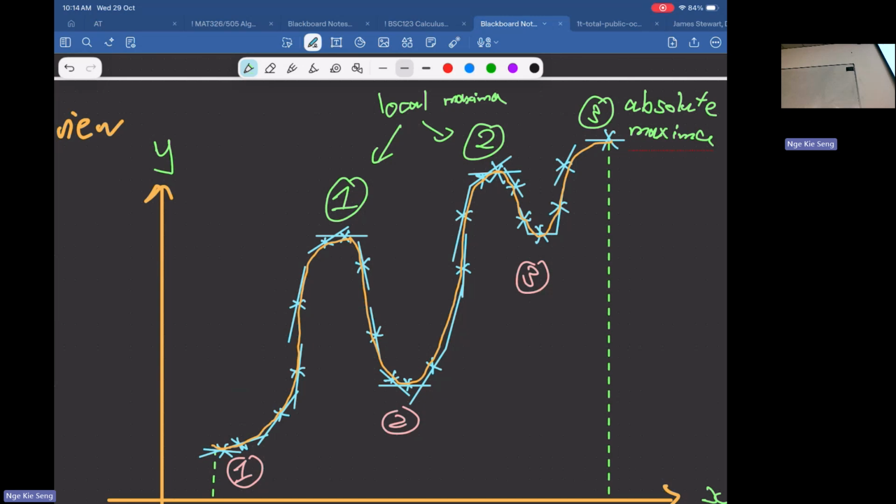So absolute maximum is the top of the top, and compared to everyone else, you are the top one. But for a local maximum, as long as there is some neighborhood around you where you are the top, that's fine. Obviously, you don't want to include a neighborhood like this, because there's another, higher top.